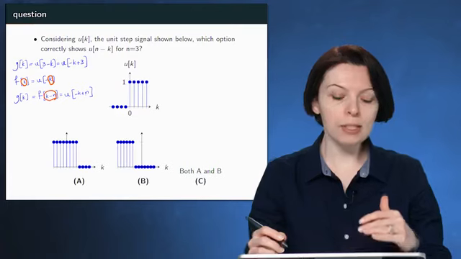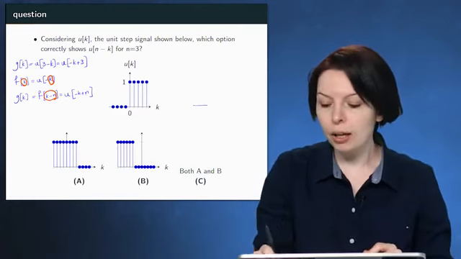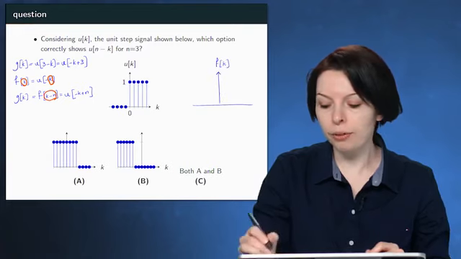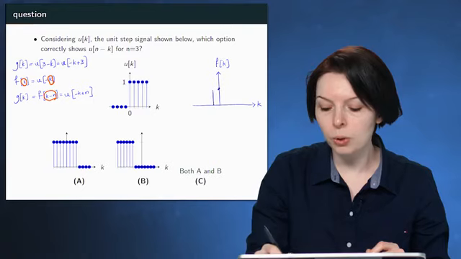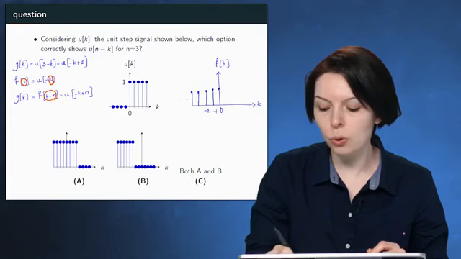So I first built the signal f of k, which was the flipped version of u of k. So I have this as my f of k. I'm plotting f of k as a function of k, and this is going to be equal to u of negative k, the flipped version of u of k: 0, negative 1, negative 2, and so on.